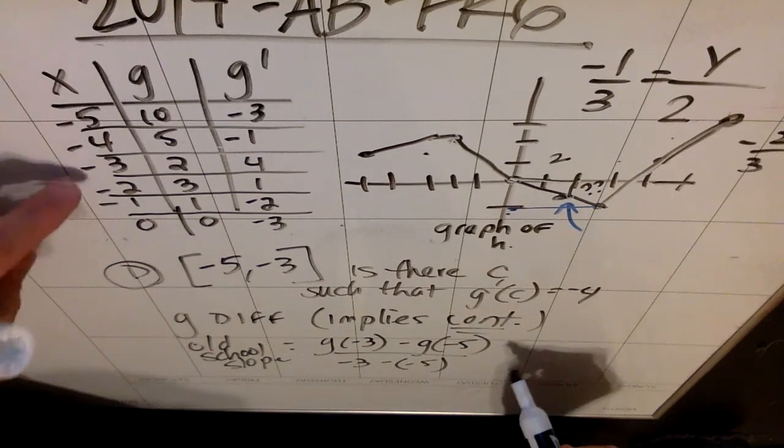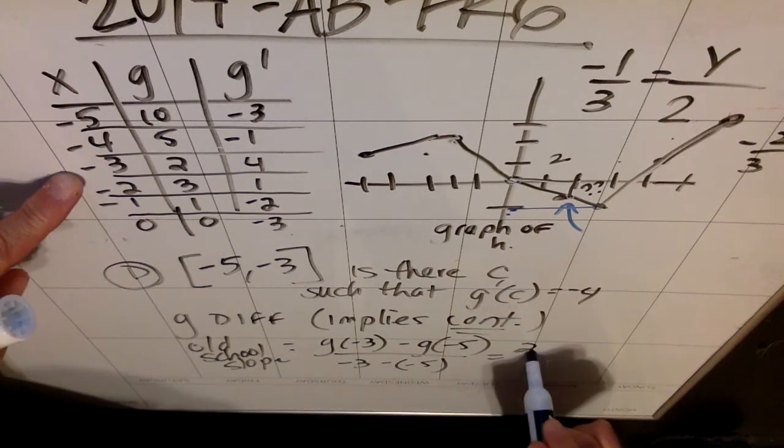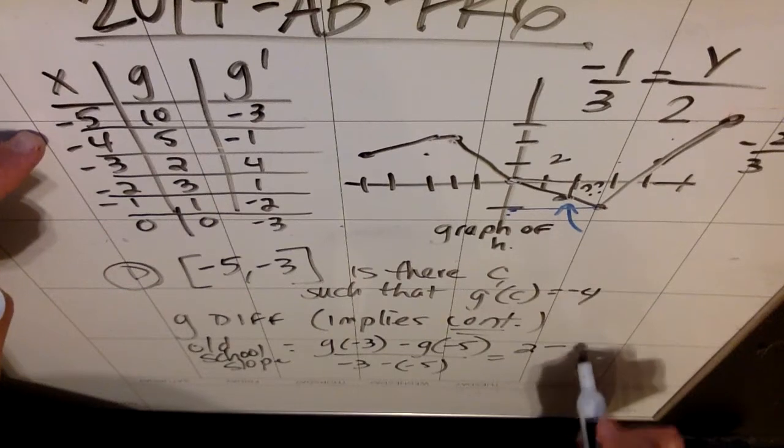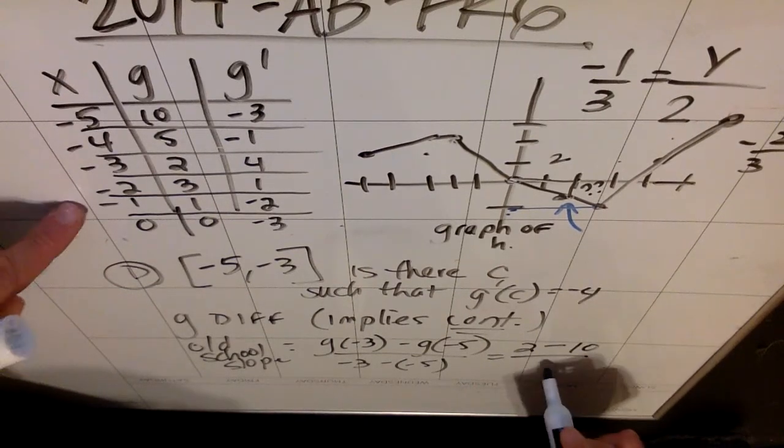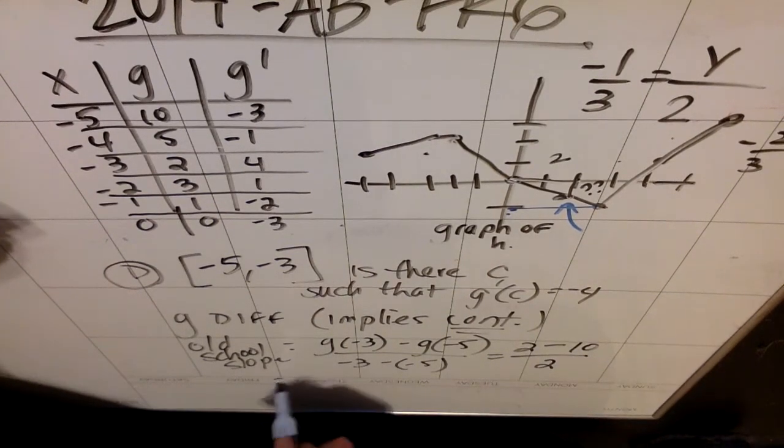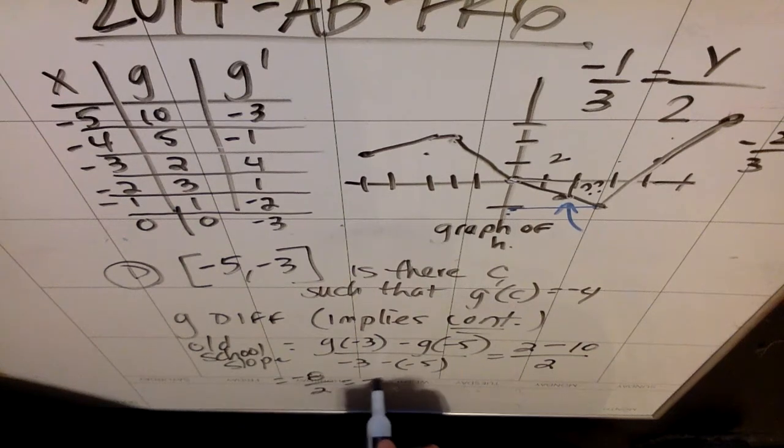That would be g of negative 3, which is 2, minus g of negative 5, which is 10, all over a positive 2. That's a negative 8 over 2, which is a negative 4.